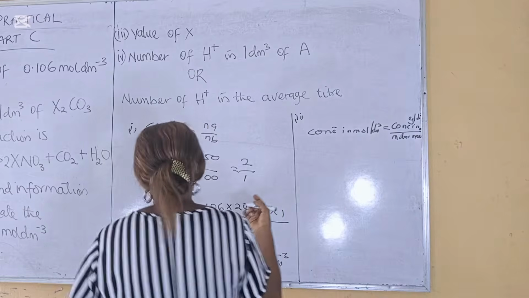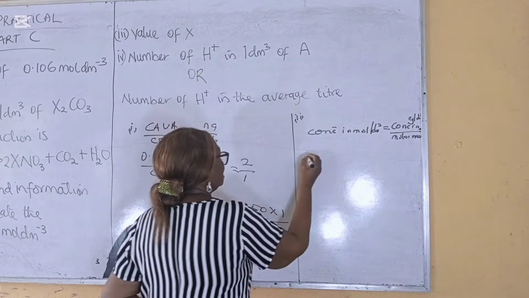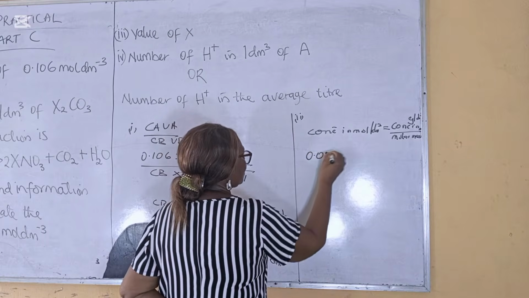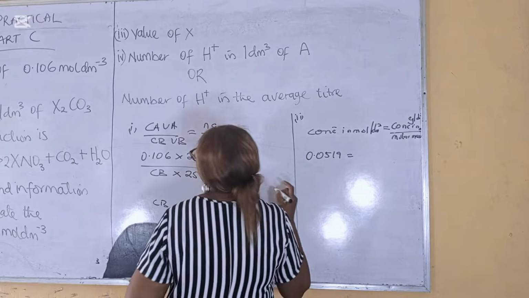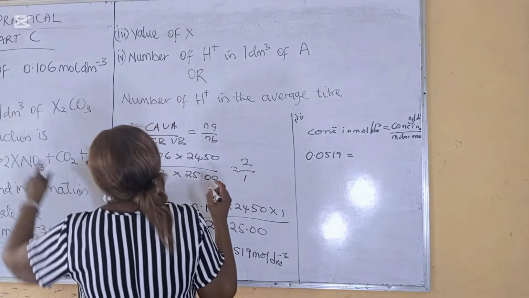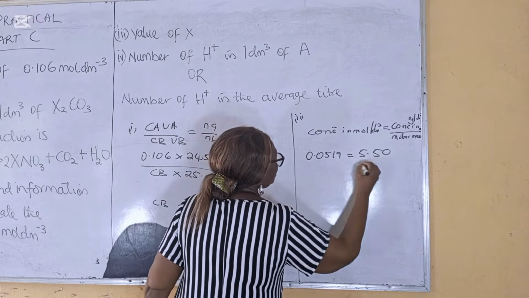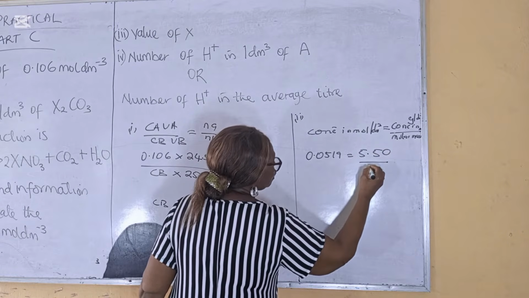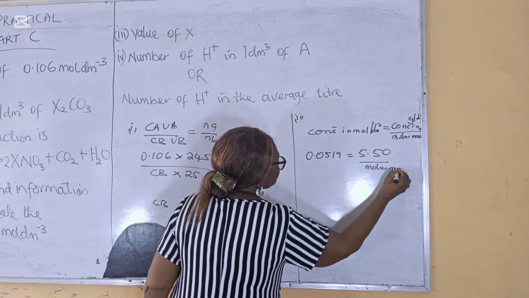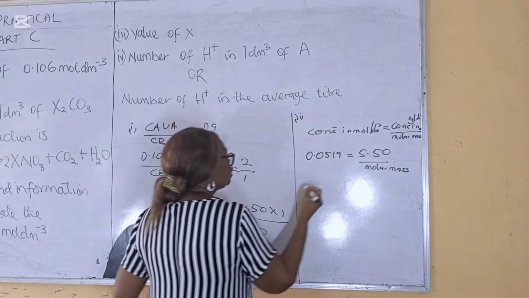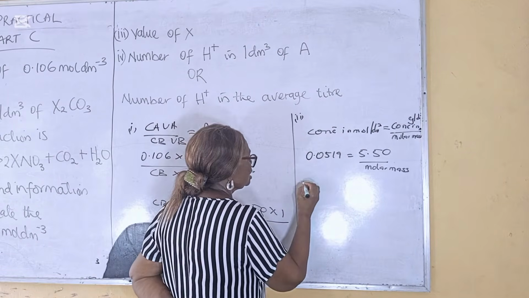The molar concentration is 0.0519. The concentration in grams is given, they have to give you, it's a must: 5.50. The molar mass you don't know. So you're going to make molar mass the subject of the formula. You do cross multiply.